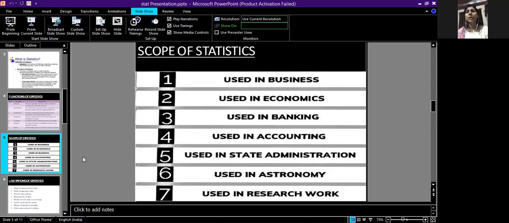The next one is the banking sector. Banks also use statistics for generating their policies, for making changes in their policies and future plans, whatever the customer needs, how they have to plan their future, what changes they need to make in the future, and what changes they need to make at present.